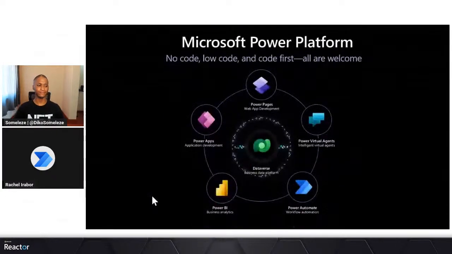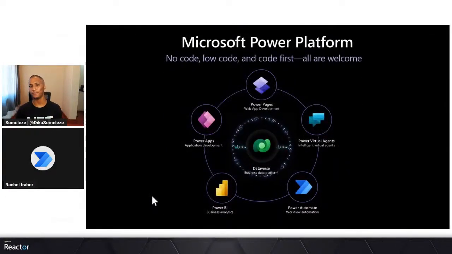Right. What is the Microsoft Power Platform, if you are new to the series, or even if you're new to the technology itself? A brief overview: it's a low-code, no-code platform where you are able to build solutions without having a technical background. You can use Power Apps to build an application, just like our first session.